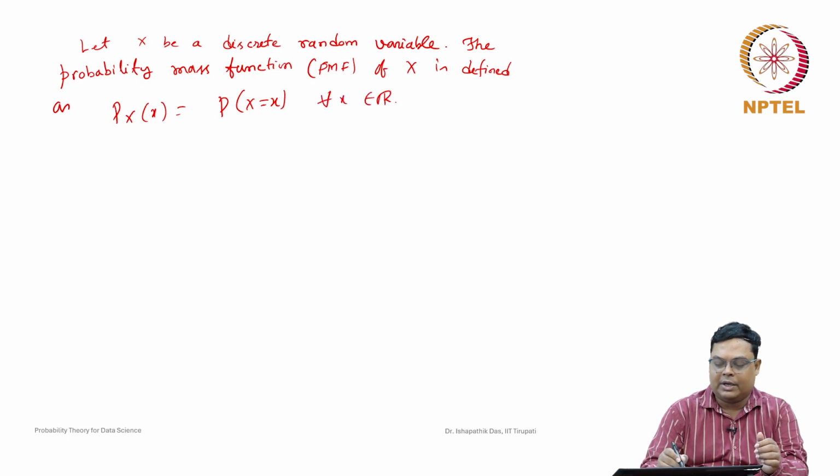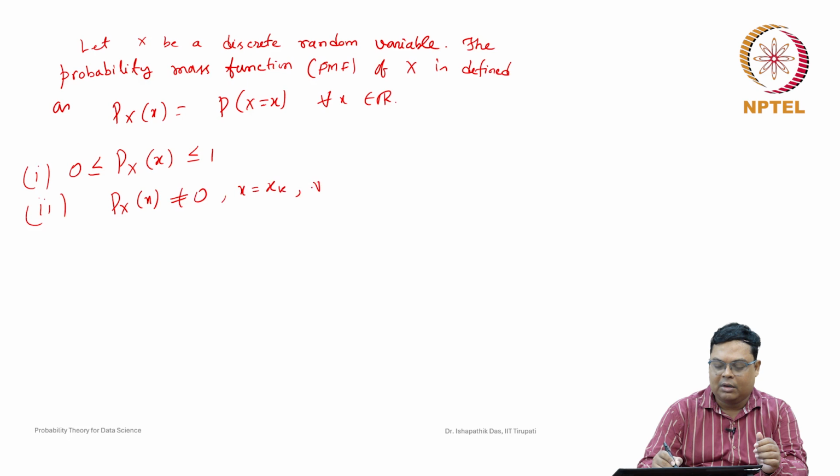Now, we can define it for all x, but p_X(x) is always less than or equal to 1 and greater than or equal to 0; these are some of the properties. We know that p_X(x) is not equal to 0 whenever x is equal to x_k for some k belonging to 1, 2, and so on.